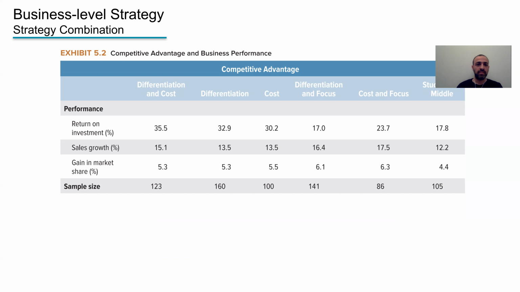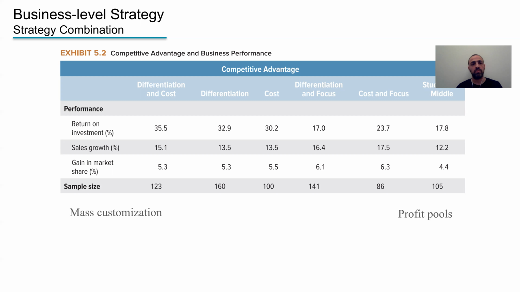In this study, when you combine differentiation and cost leadership together, your ROI, return on investment, will be 35.5%, showing that going through two different strategies will contribute to outperforming other businesses.